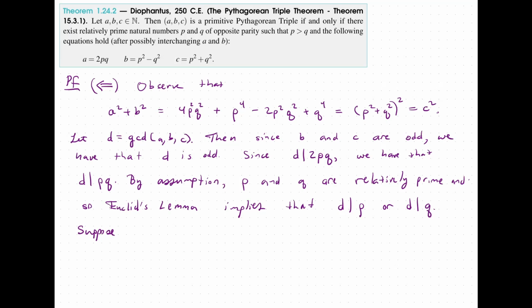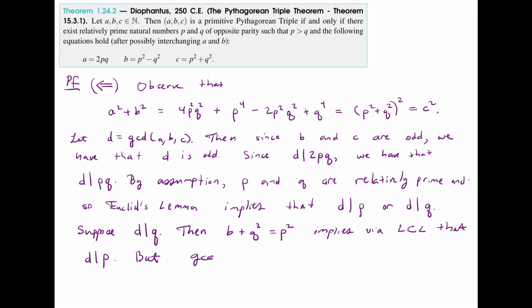So let us go ahead and suppose that D divides Q. If D divides Q, then since B plus Q squared is equal to P squared, this implies, via the linear combination lemma, that D, since D also divides B by assumption of B being the GCD, we have that D divides P. But P and Q are relatively prime.